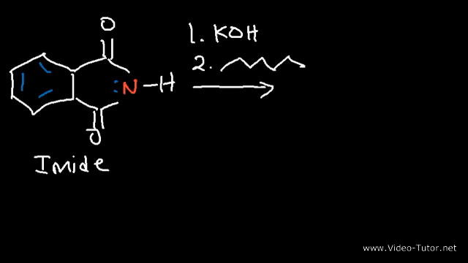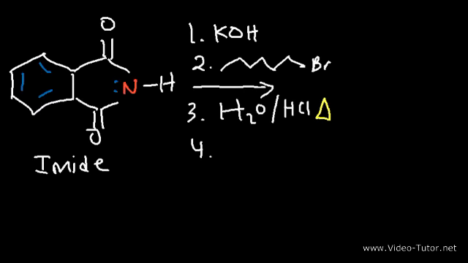Let's use, in this case, 1-bromohexane. And in step 3, we're going to use water with hydrochloric acid in the presence of heat. And step 4, we're going to use potassium hydroxide.